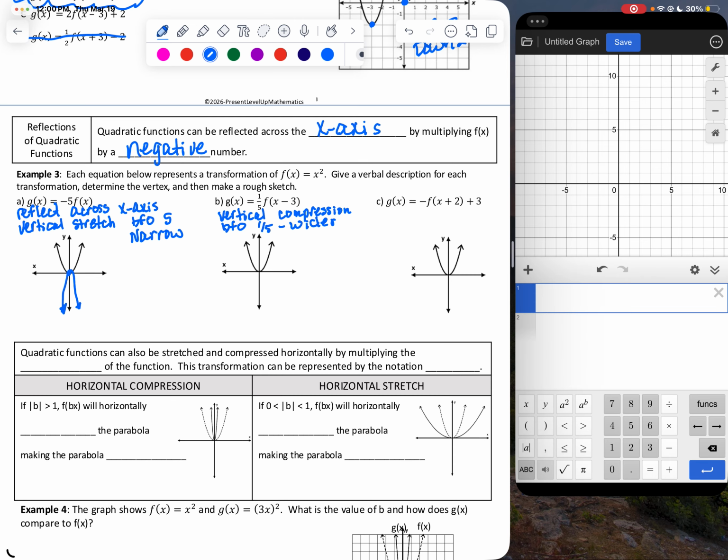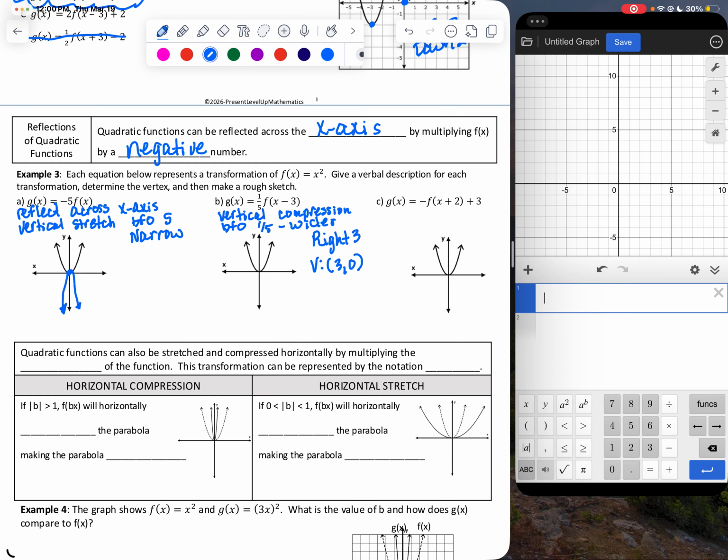And then the f of x minus 3. Because that minus 3 is inside the parentheses, that means it's going to move to the right 3. So the vertex here, if it moves to the right 3, will be 3, 0, and it's going to have a wide graph.